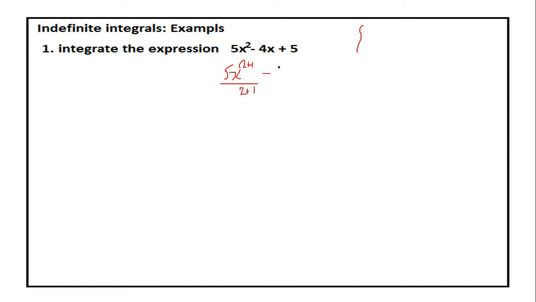So minus 4x. So this 4x is the same as it is powered to 1. There's an invisible one. So we're just going to add plus 1. Then over 1 plus 1. Then this one will be plus. Now remember, this number here, for it to remain like that, we have just removed an x. So we have to put back the x.